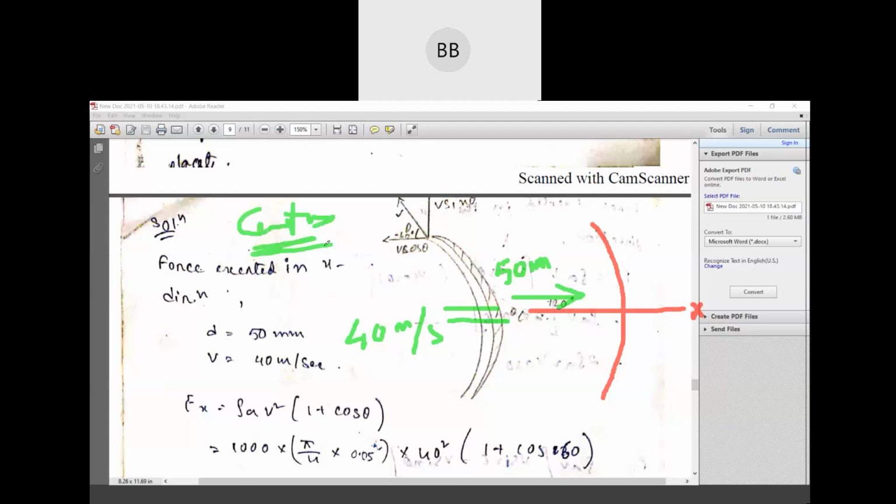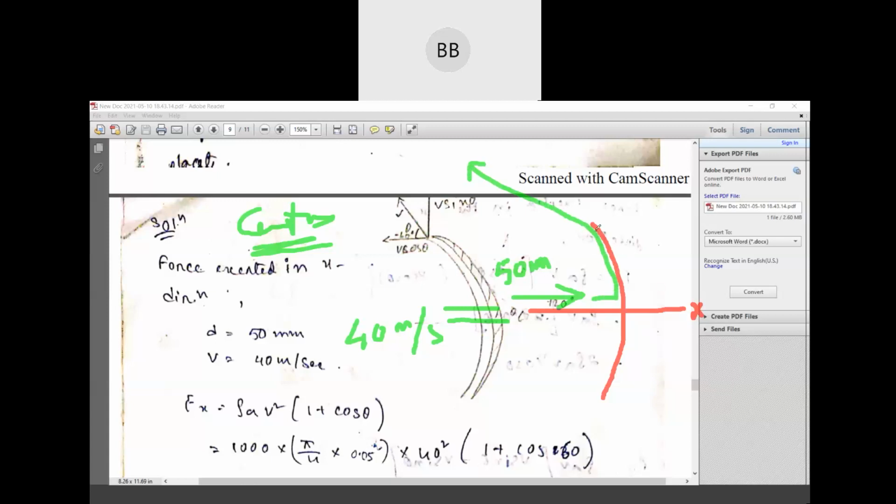So we have two options. One is it strikes in the center, and the other is it strikes at one end. When it strikes at the center, as soon as it strikes, the water gets deflected at an angle of 120 degree.